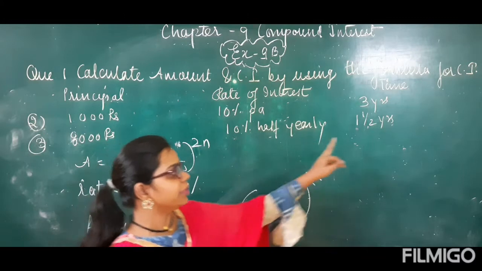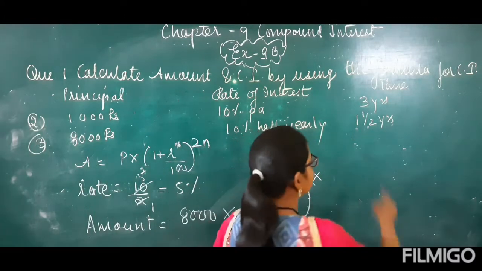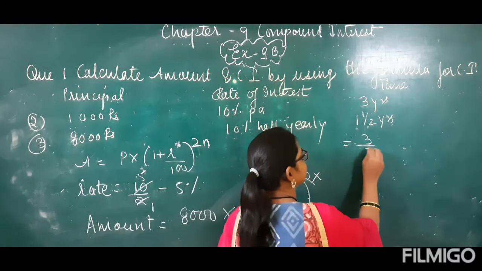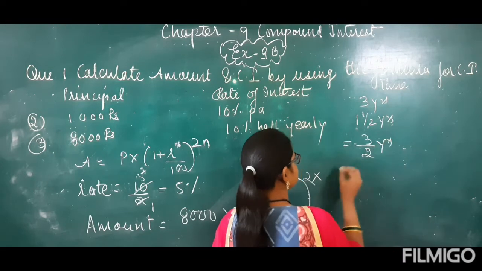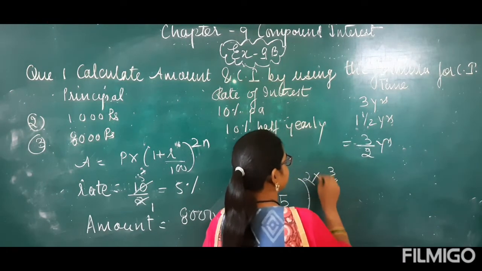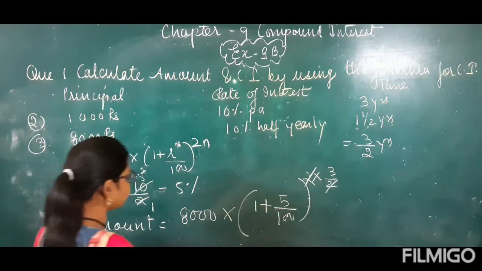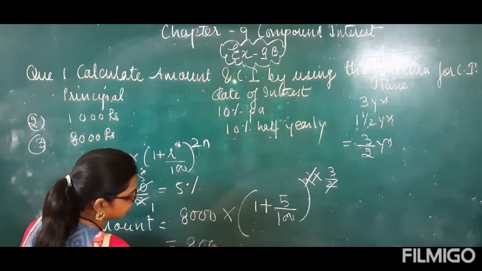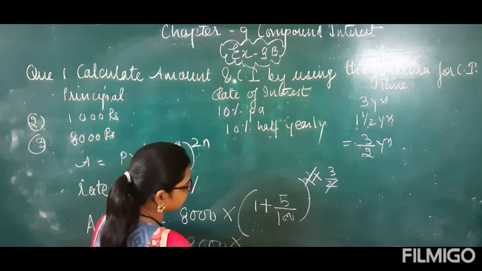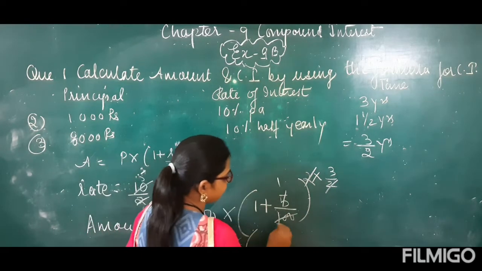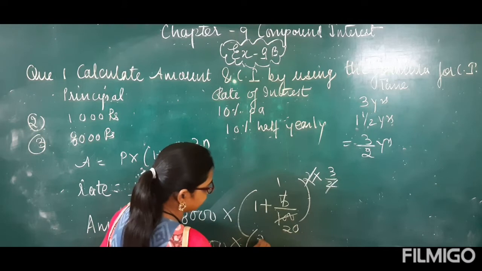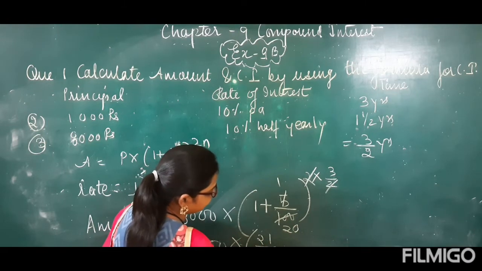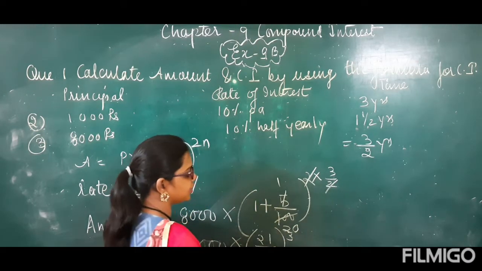N is the number of years, that is 1.5 years, so you will get 3 by 2. This 2 and this 2 get cancelled. So you will be remaining with 8,000 into 21 upon 20 to the whole power 3.